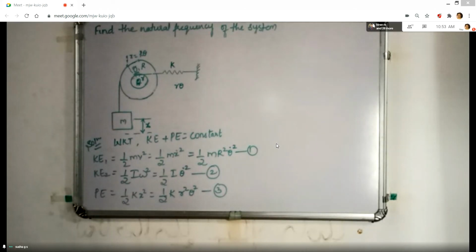Substitute and differentiate it. Solve it. You see what you will get?